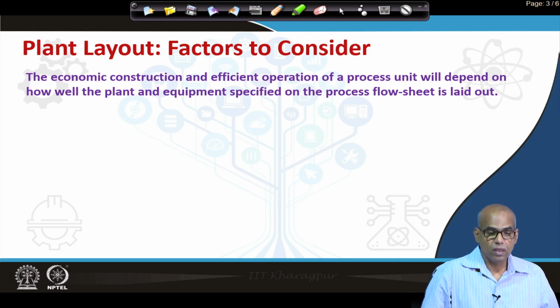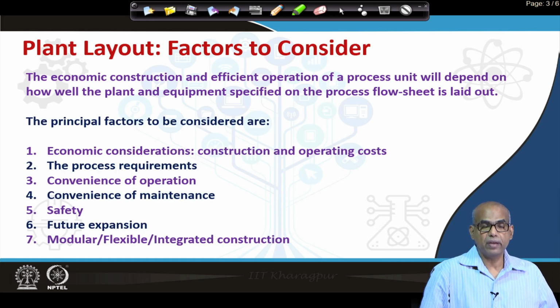Now, there are various factors that will have to be considered to decide plant layout. The economic construction and efficient operation of a process unit will depend on how well the plant and equipment specified on the process flow sheet is laid out. So, what are the various factors?